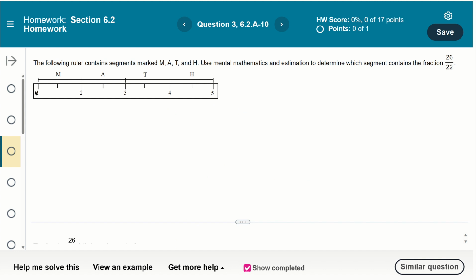All right, so here we have this meter stick of sorts, and it's been broken up into these 4 regions, M, A, T, H. Very clever, right? Okay, so we want to know this number, 26 over 22, would land into which one of those regions.